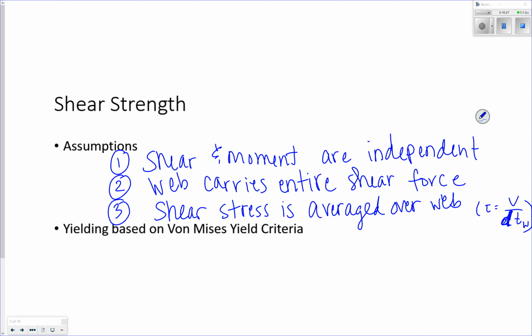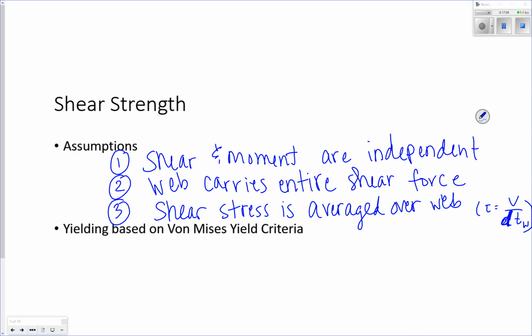If I'm going to calculate my yielding stress, they use the von Mises yield criteria, which is a way of calculating the yield stress, a criteria of quantifying yield stress. It's usually called an equivalent stress as well. If you go further and take advanced mechanics of materials, you start getting into that.